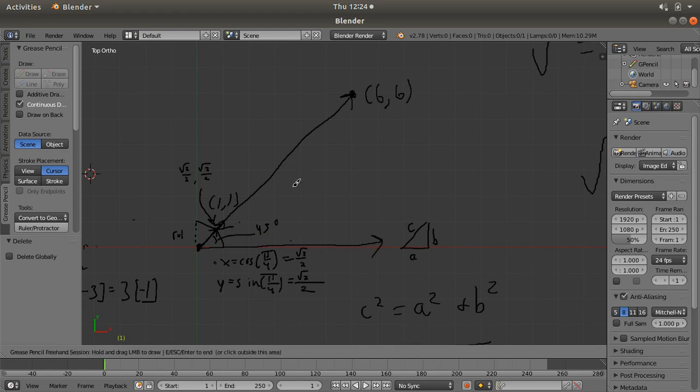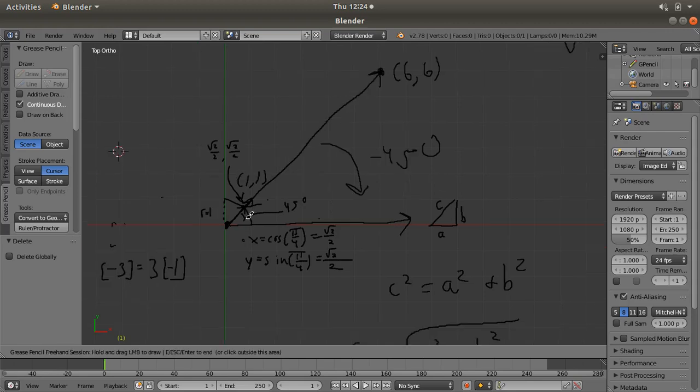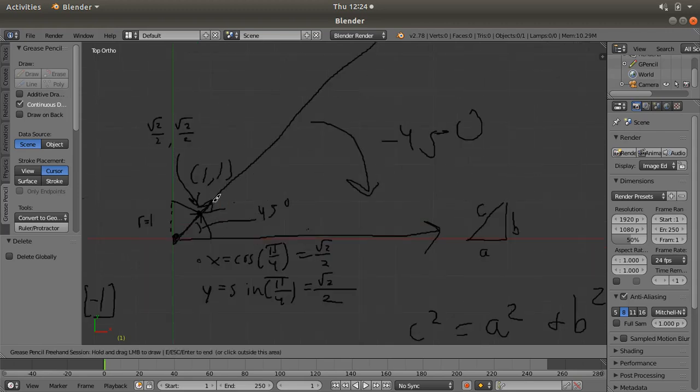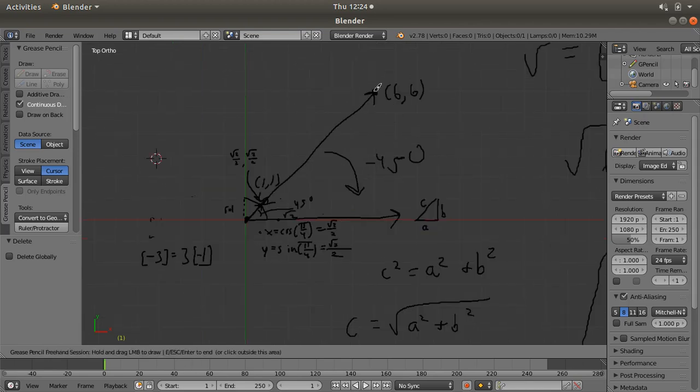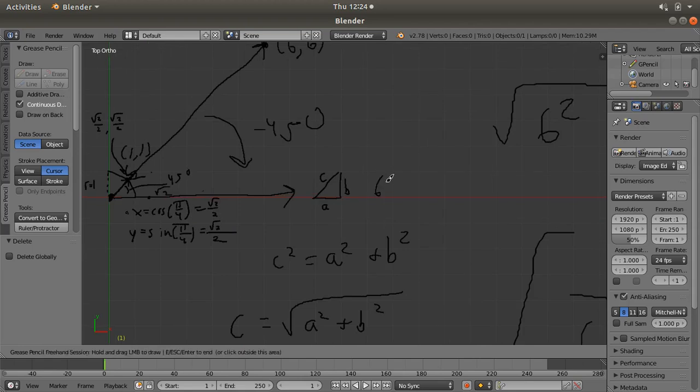So if we rotate both these vectors down flat, then this vector 1, 1 comes to its magnitude, root 2, and 6, 6 comes to its magnitude, 6 root 2, which is about 8.5.